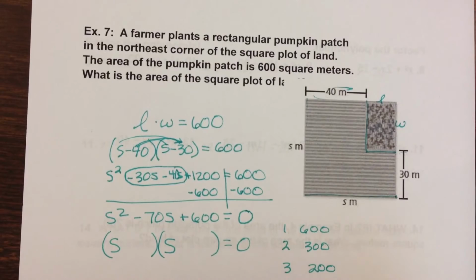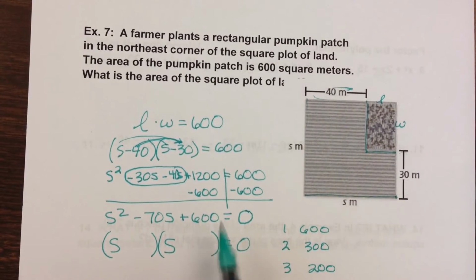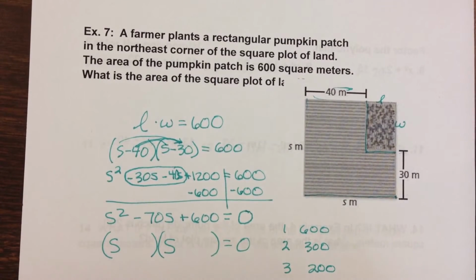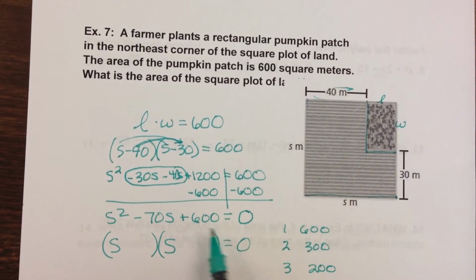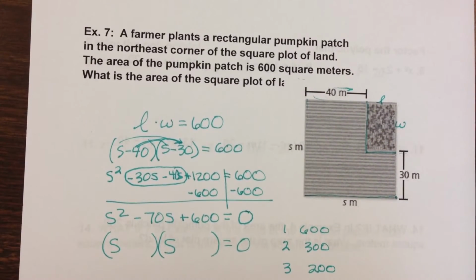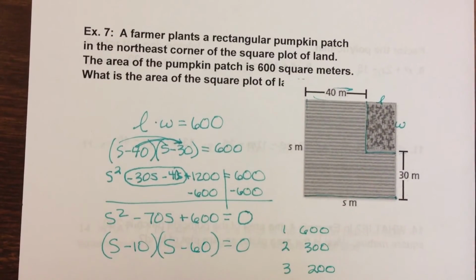I actually can see though 60 and 10 multiply together to get 600. They add together to get 70. I need a negative 70, so I'm going to make that a negative 60 and negative 10. So those two multiply together to get 600, but add together to get negative 70. So these are my two, and I'm going to do minus 10, minus 60.